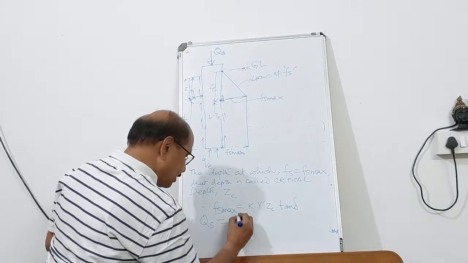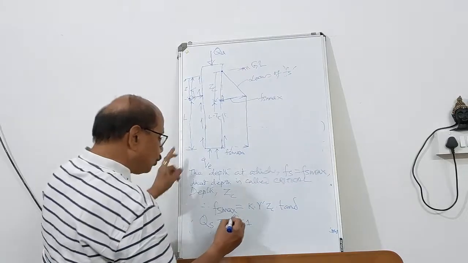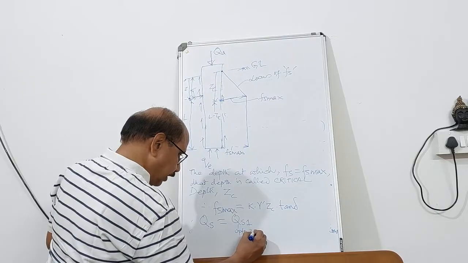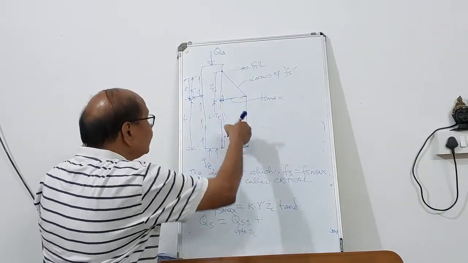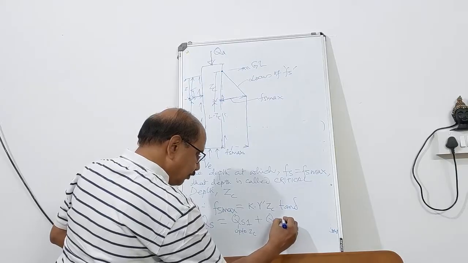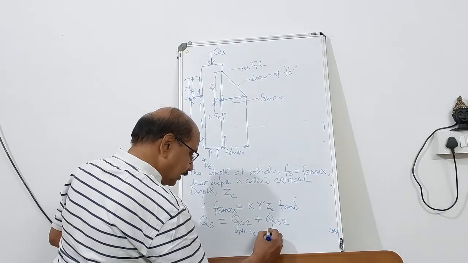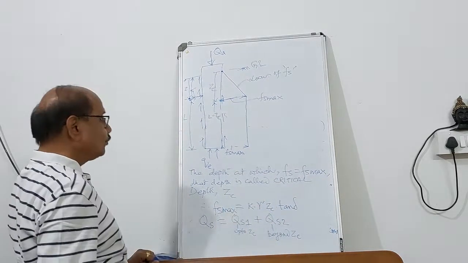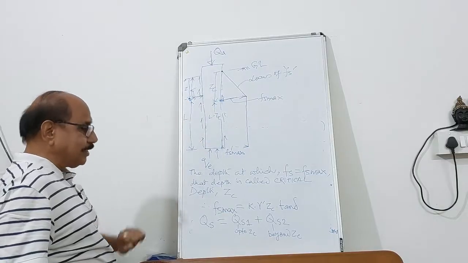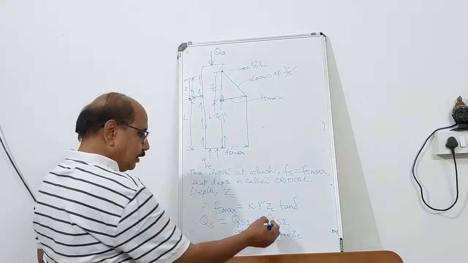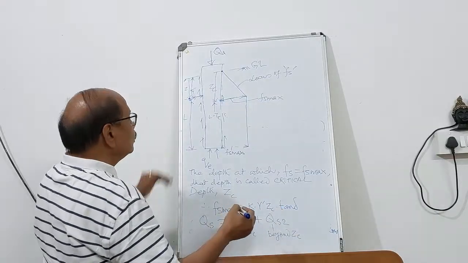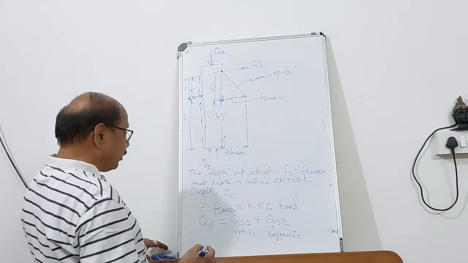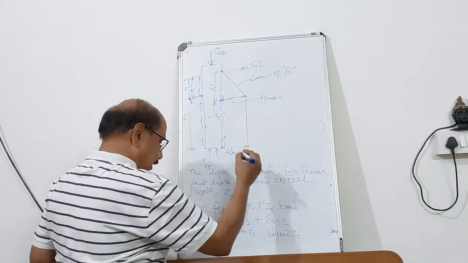So Qs1 is up to Z critical, plus beyond Z critical, that skin friction is called Qs2. So for this length L minus Z critical, the skin friction is Qs2. Above this it is Qs1. So you can calculate the magnitude of the skin friction.